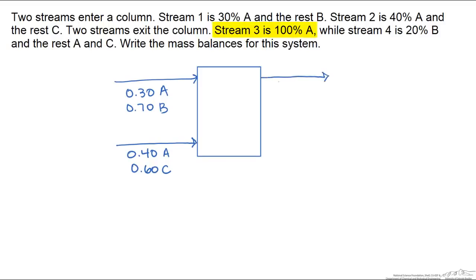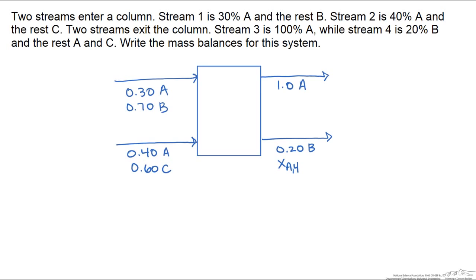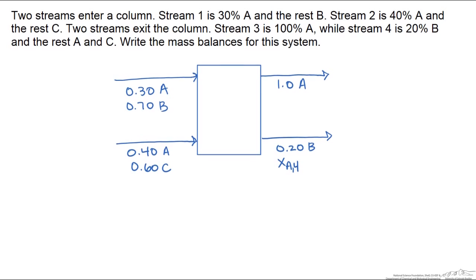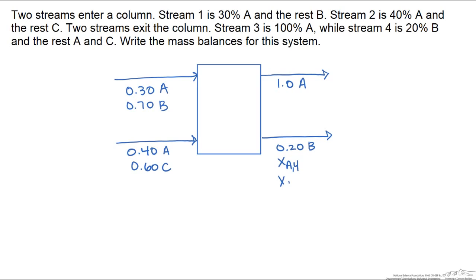Stream 3 is 100% A, and stream 4 is 20% B, and the rest A and C. And we're going to write this using the fact that the sum of the mole fractions equals 1, so our x sub c is equal to 0.8 minus x sub a. And we're going to assume that everything is in mass fractions.